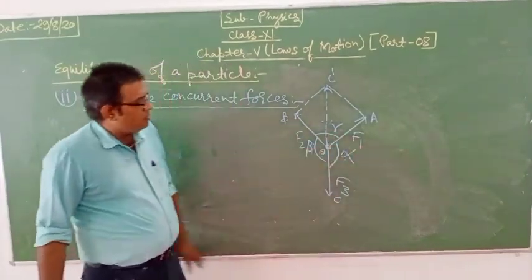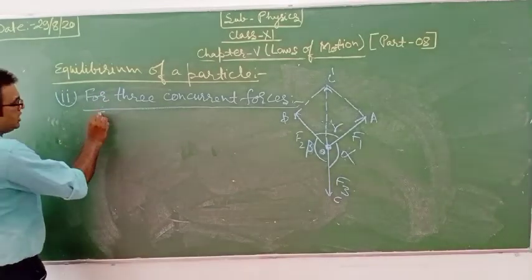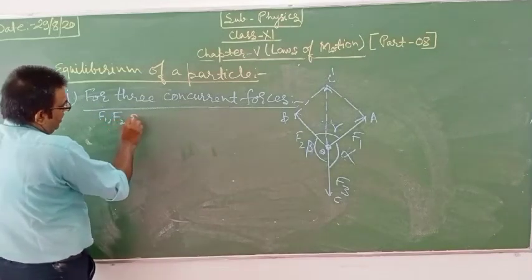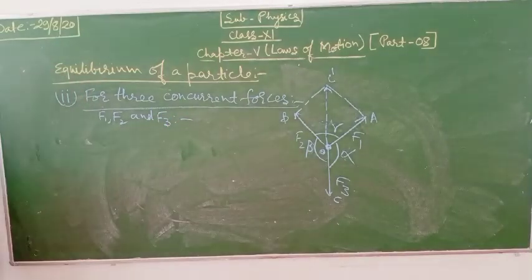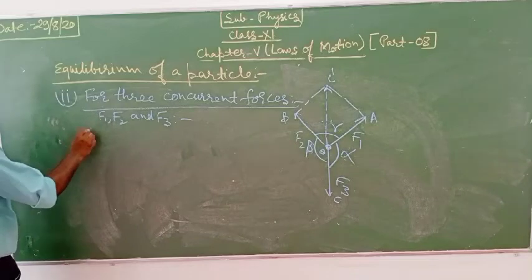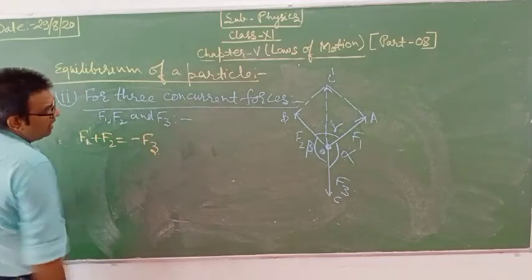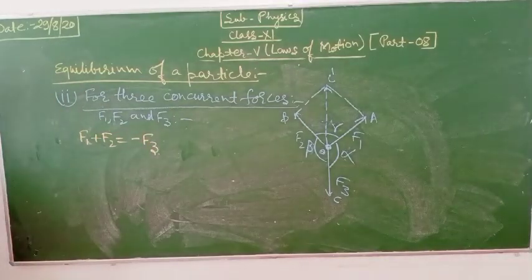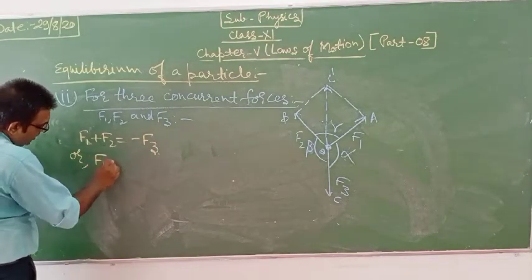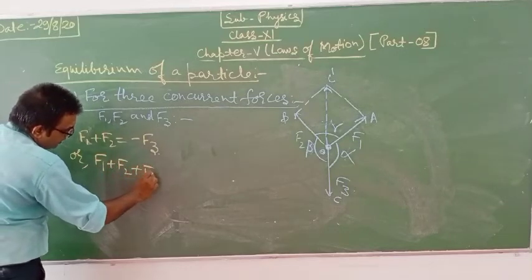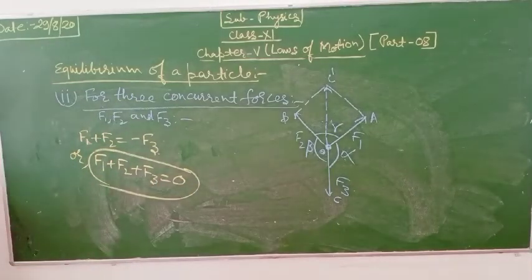So I have explained it. Now mathematically I am going to give the relation for this. For three concurrent forces F1, F2 and F3, F1 plus F2 is equal to minus F3, or you can say that F1 plus F2 plus F3 is equal to 0.